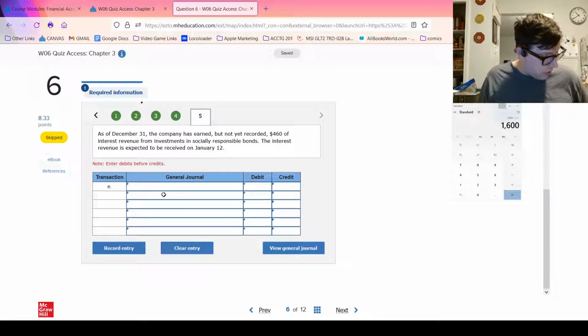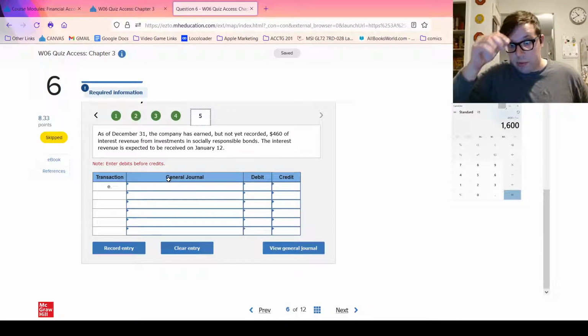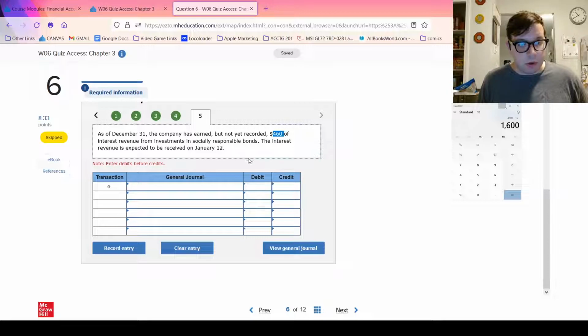Okay, for the last one, as of December 31st, the company has earned but not yet recorded $460 of interest revenue from investments in socially responsible bonds. The interest revenue is expected to be received on January 12th. So what it's saying is, as of December 31st, the company has earned but not yet recorded $460. So we're going to record that.